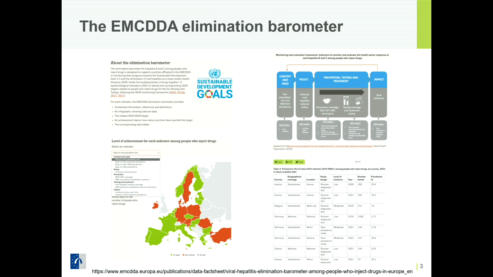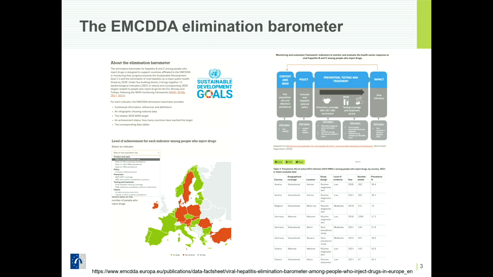It looks at a series of indicators based on the WHO plan, 11 of them, specifically focusing on people who inject drugs, and how countries of the EU, as well as Norway and Turkey, are doing in terms of reaching these targets. We have contextual information, the data itself in tabular format, and the related WHO targets.